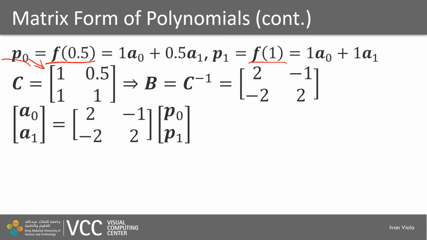Here we will have the coefficients 1, here 0.5, not 0 anymore, and the second row will be the same. If we invert this constraint matrix, we get the basis matrix, which will look like this. And from that matrix, we can then directly compute our values for A0 and A1, as, of course, vectors, meaning that for each coordinate we will have a separate value.